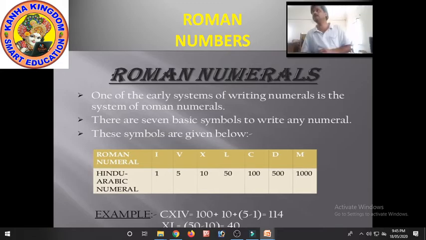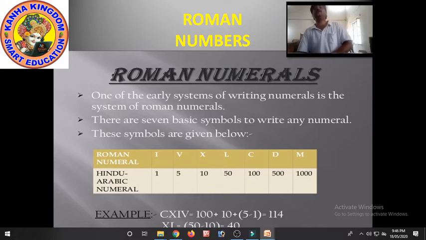And in Roman numerals there are some symbols. In Roman numerals, how can we write 1? 1 is equal to I. I means 1.